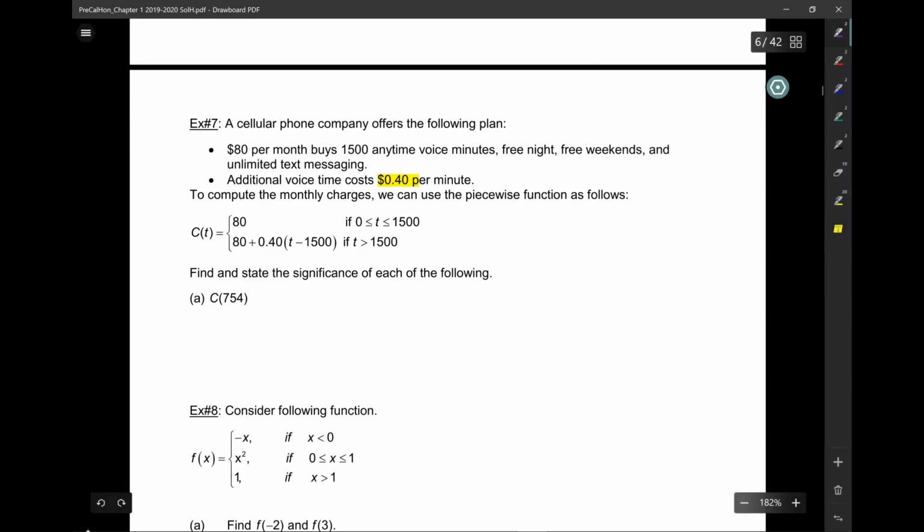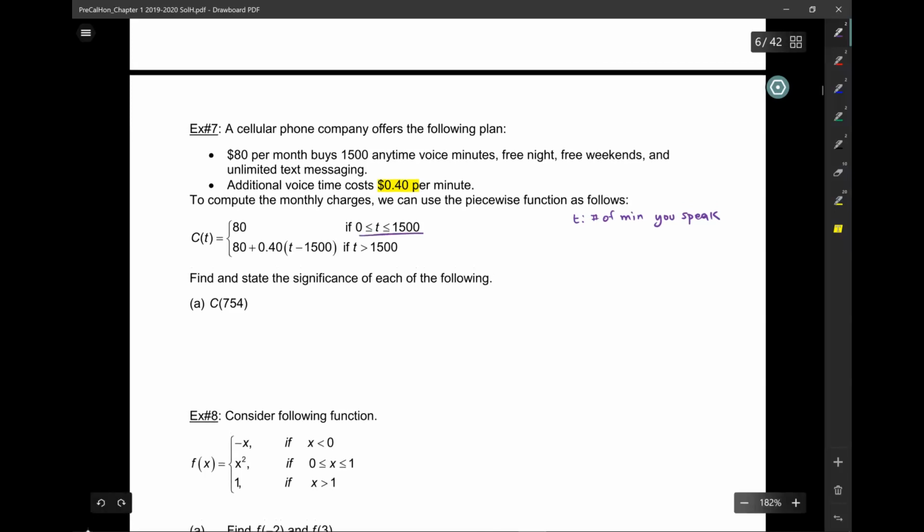So we can write this using a piecewise function. T is the number of minutes you speak. As long as T is between 0 and 1,500, you get charged $80.